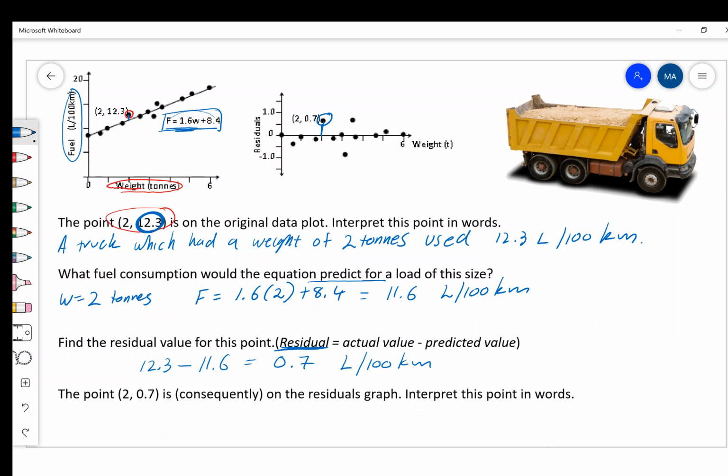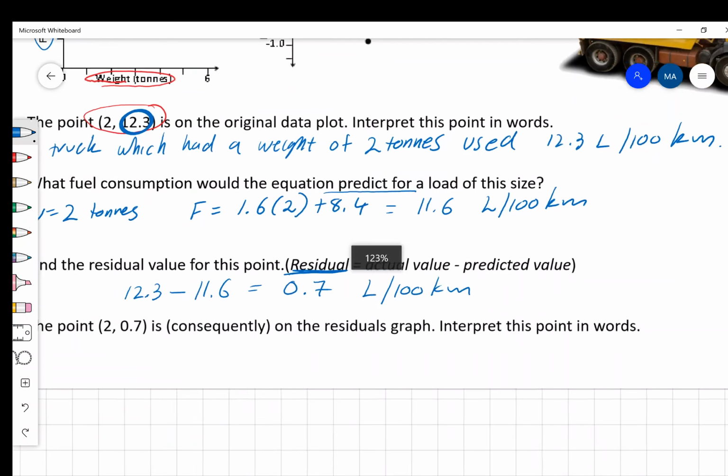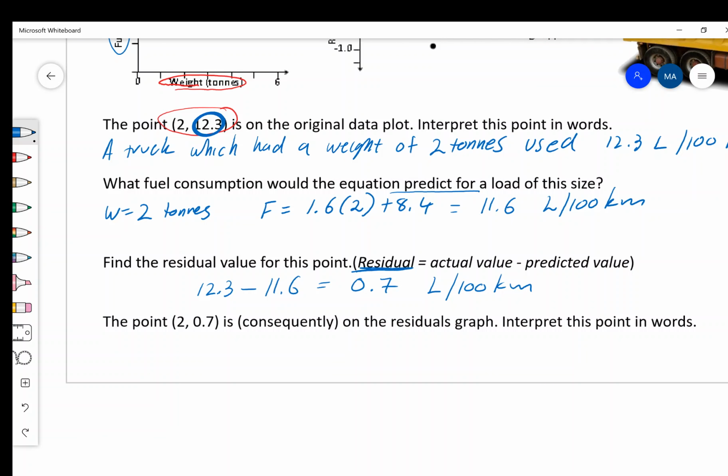Now we're asked to interpret this in words. What does a residual point mean? Well, I've already really elaborated on it. I was talking about how the actual fuel usage was 12.3 litres per 100 kilometres, and the equation was predicting less than that.